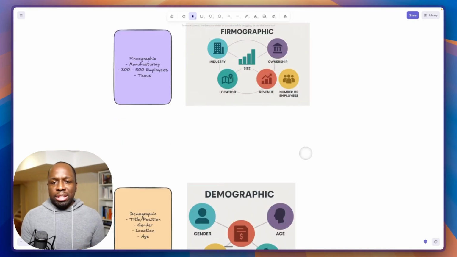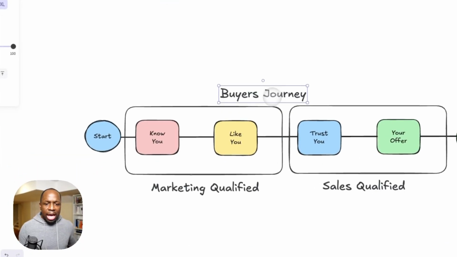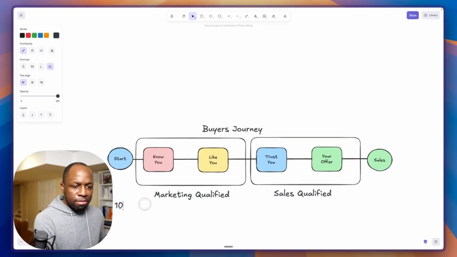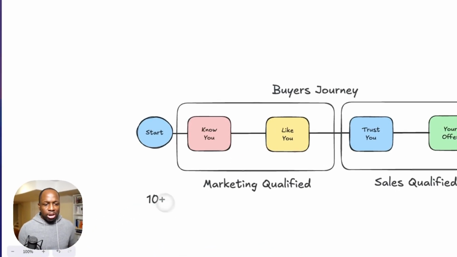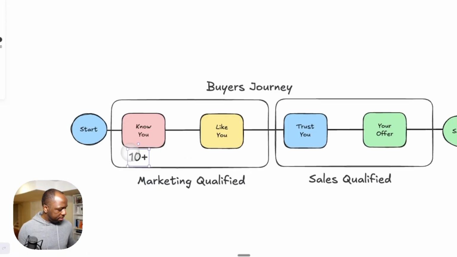Once you understand that, the goal of our system is essentially to start adding scores to it. Okay. So I won't go into all the details on how the scoring works, but the point is that if they know you and we've recognized that they know you, we'll give them 10 points as an example. Okay. If they like you, we'll give them another 10 points.